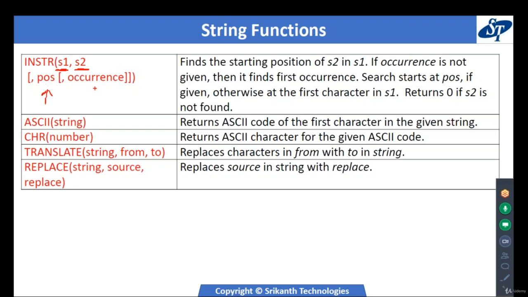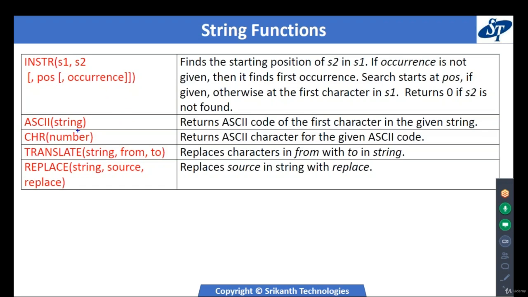You can also mention which occurrence you are interested in. Then it will give you the position of the occurrence that is mentioned. And if the substring is not found in the main string, it is going to return 0 to indicate that the substring is not present in the main string.